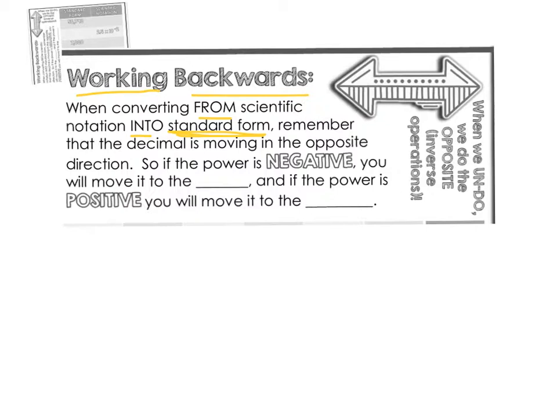So if the power is negative, you will move it to the left. And if the power is positive, then you will move it to the right. Okay, so that's if we undo. When we undo, we use, there's that word again, the inverse operations. We do the opposite operations when working backwards. Okay, let's try a few.